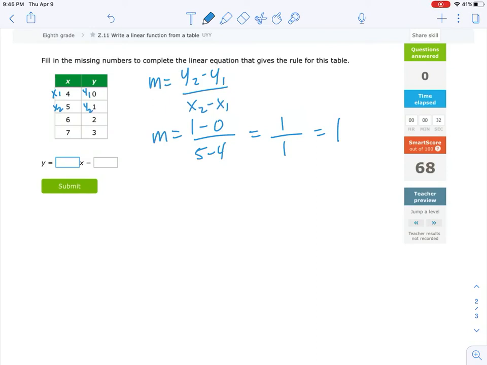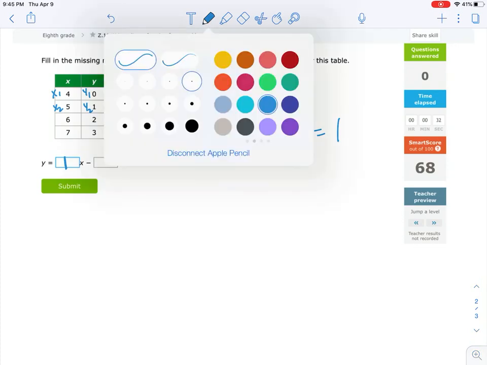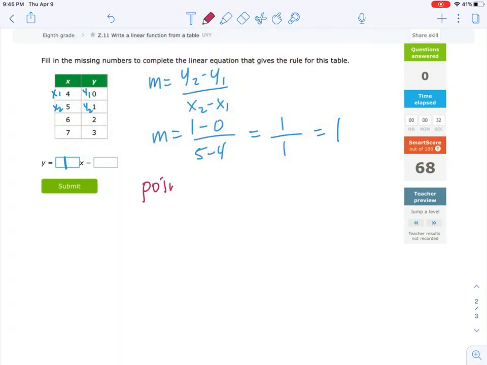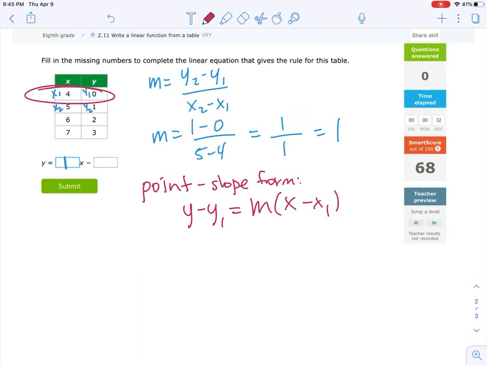Now, I'm not saying that every slope for every problem that you will see in this section will have a slope of 1, but we just happen to get a slope of 1 all 3 times. So our slope is 1, so I'm going to put a 1 in that first box. Then, remember from here to find b, we have to use point slope form. y minus y1 equals m times x minus x1.